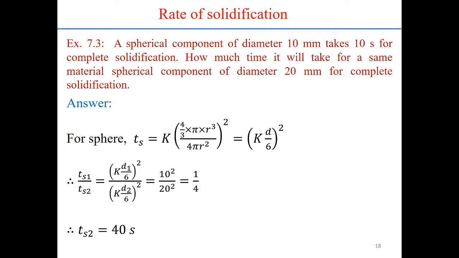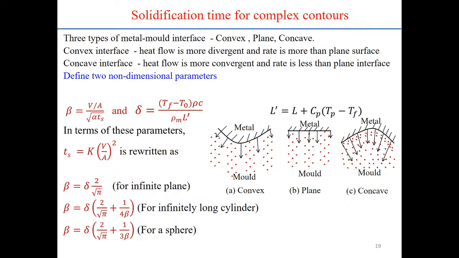Similarly, the same formula you can use on a different problem, in this case solidification time for complex contours. For example, in previous cases we assumed that the heat transfer happens through a plane wall.